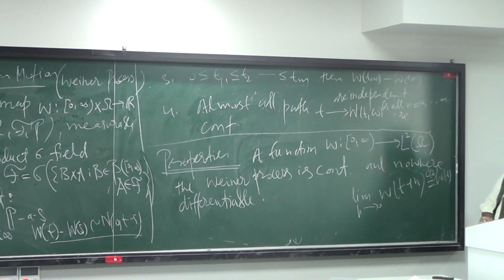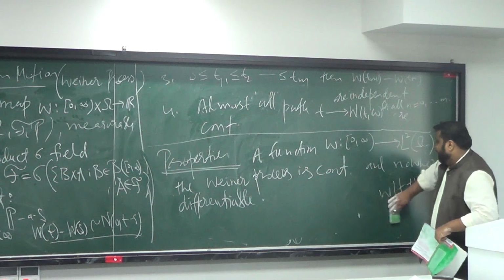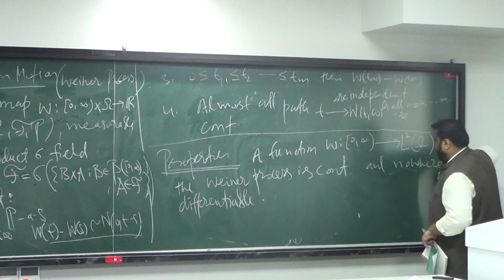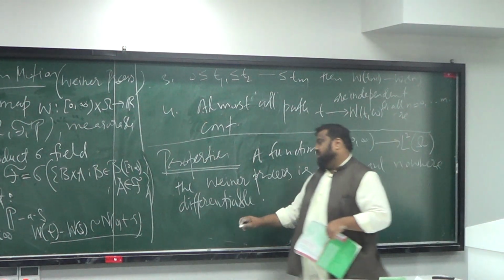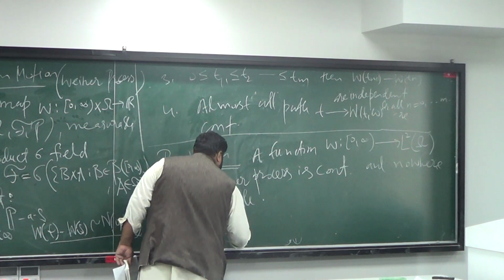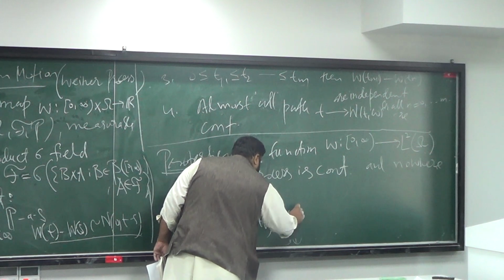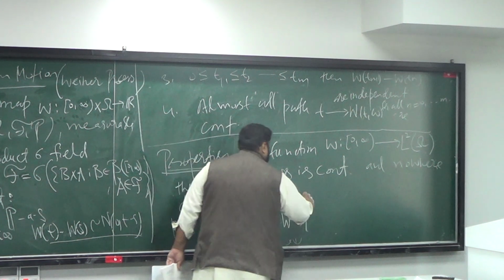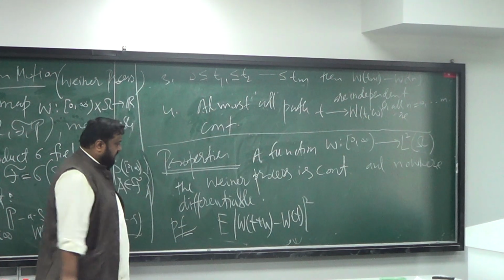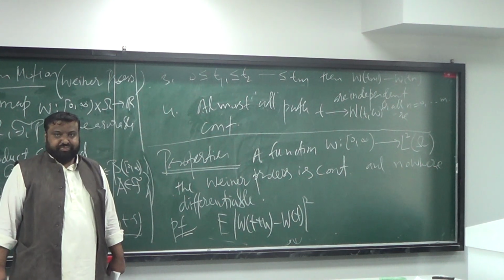So how can I verify that? Take the expectation of this difference. Yes. So take the small increment and take the expectation of (W(t+h) minus W(t)) squared. What is it? Do I need to tell you?